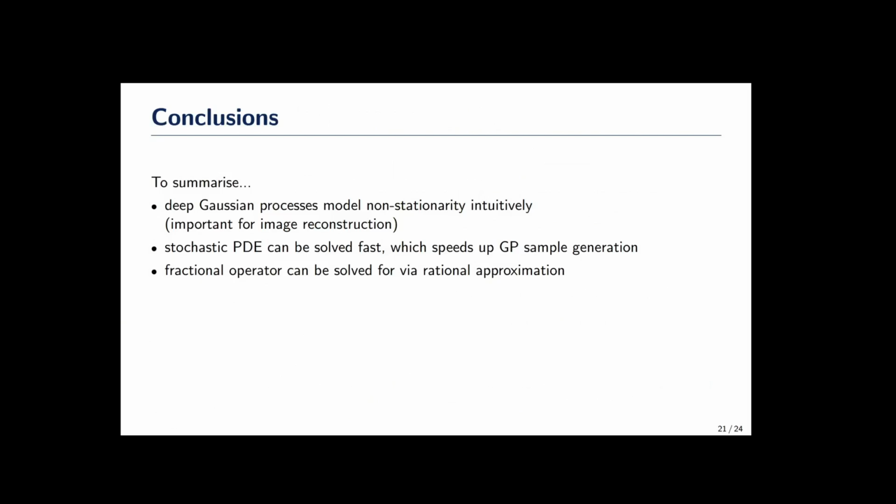And finally, using the stochastic PDE does not necessarily mean that you have to restrict yourself in terms of the regularity parameter too much. Using rational approximation, we can overcome those problems as well.